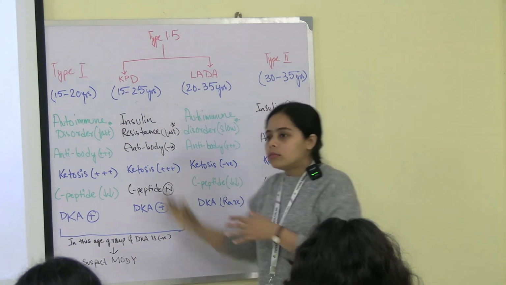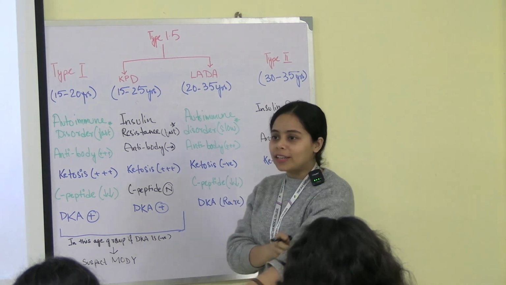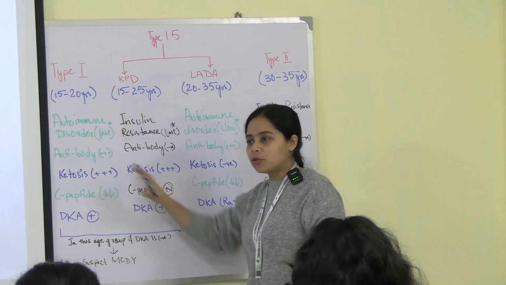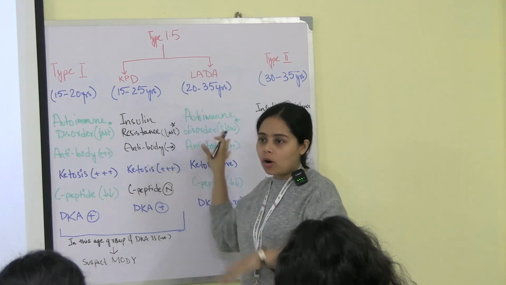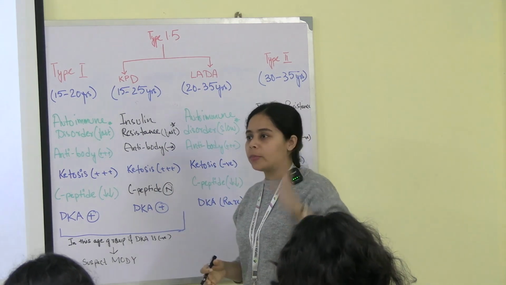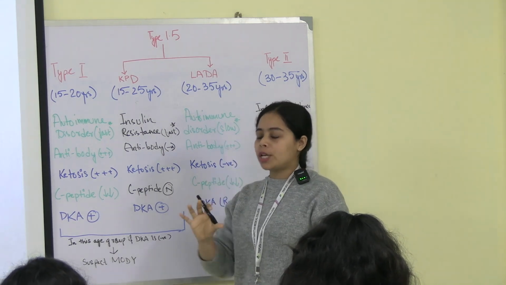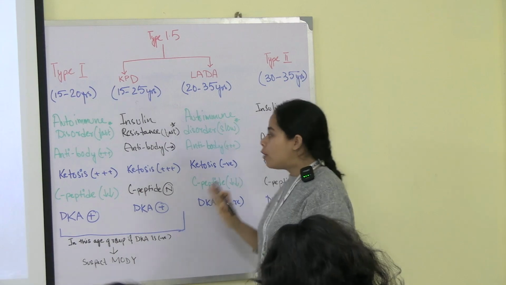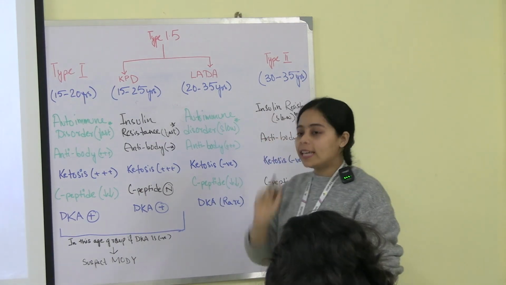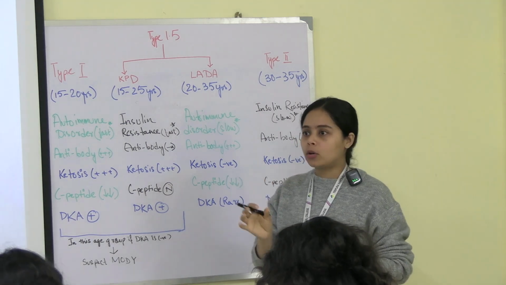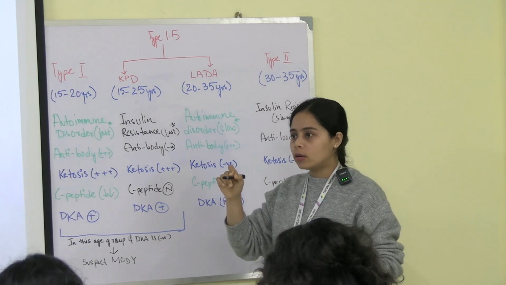So now, I am assuming you understood it. Did you understand or should I repeat? Now how to diagnose? Everything is getting blocked in the brain. To diagnose, you check a few things. Whenever you get a question related to diabetes, first you check whether DKA is there or not, and whether ketosis is mentioned as present or absent.